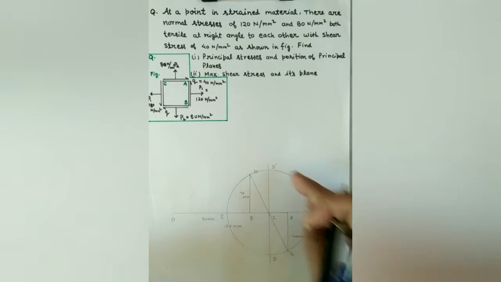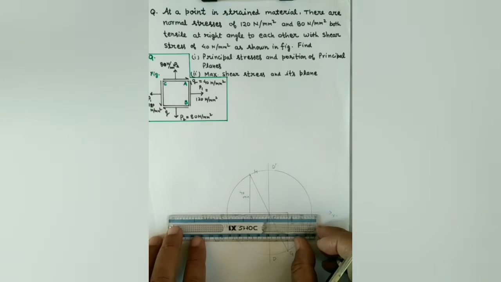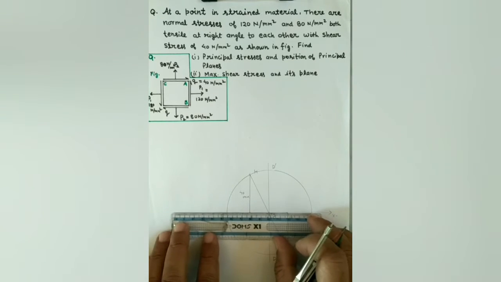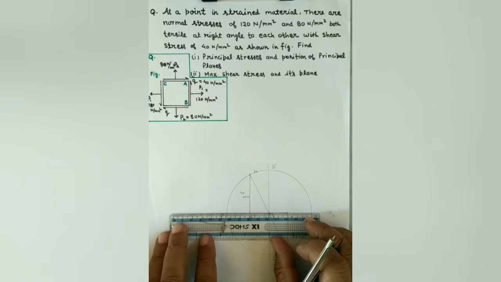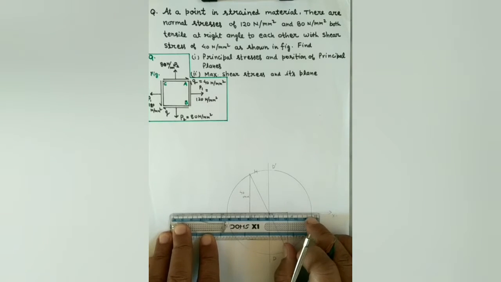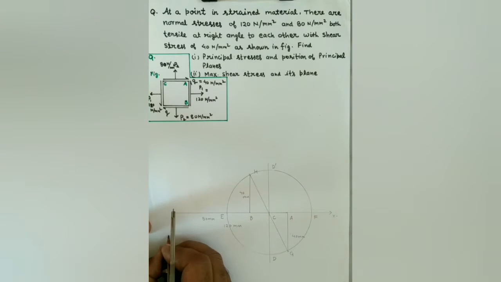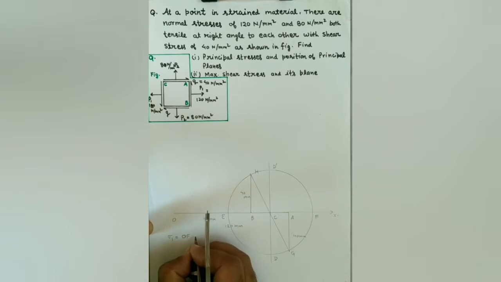Now we will measure these stresses on the scale and find the values. So sigma 1 or the sigma max or the major principal stress, sigma 1 is distance OF, which comes to about 145 mm.